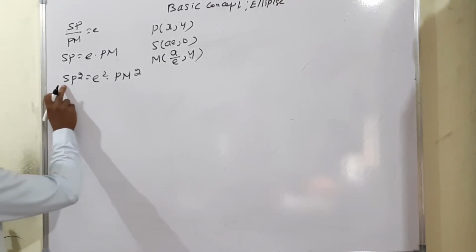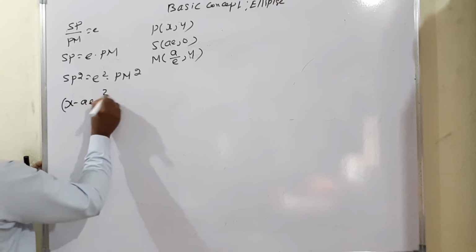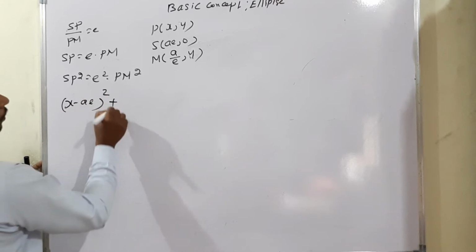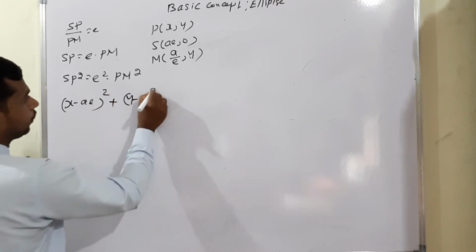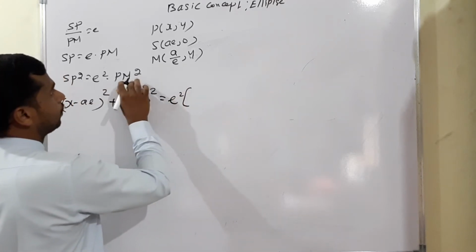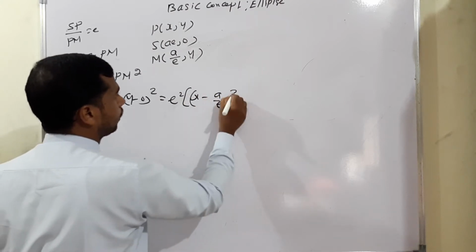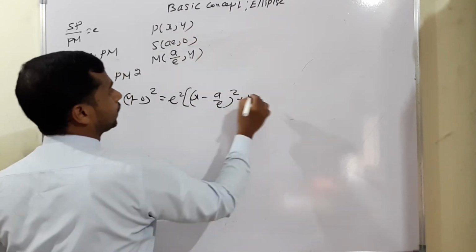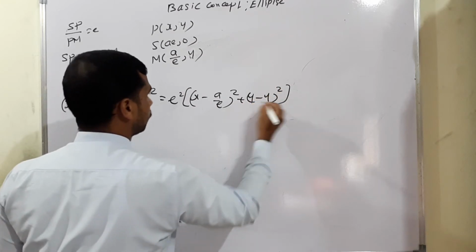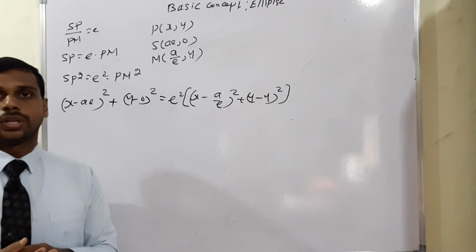So now SP, distance formula: x minus AE the whole square, then plus y minus 0 the whole square is equal to E square as it is. Then PM, distance formula, P to M means x minus A by E the whole square plus y minus y the whole square. Again the (a minus b) whole square form: a square minus 2ab plus b square.